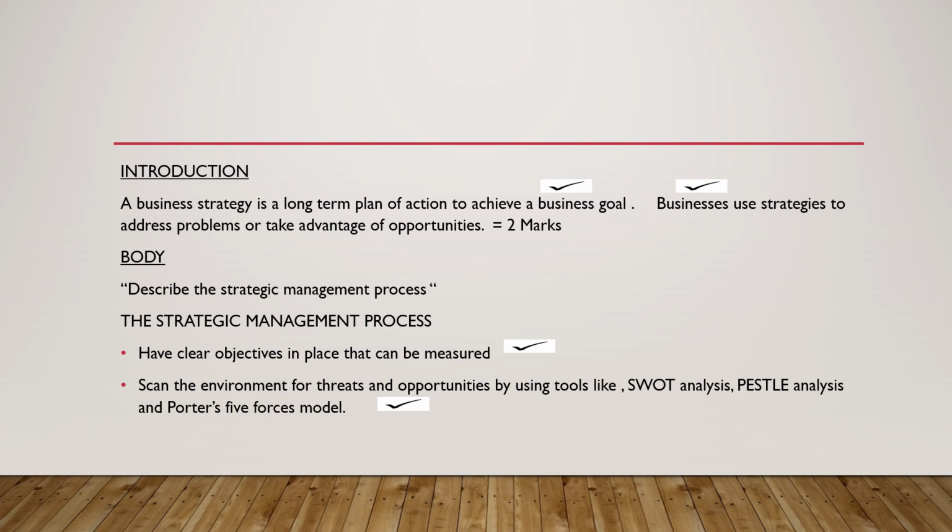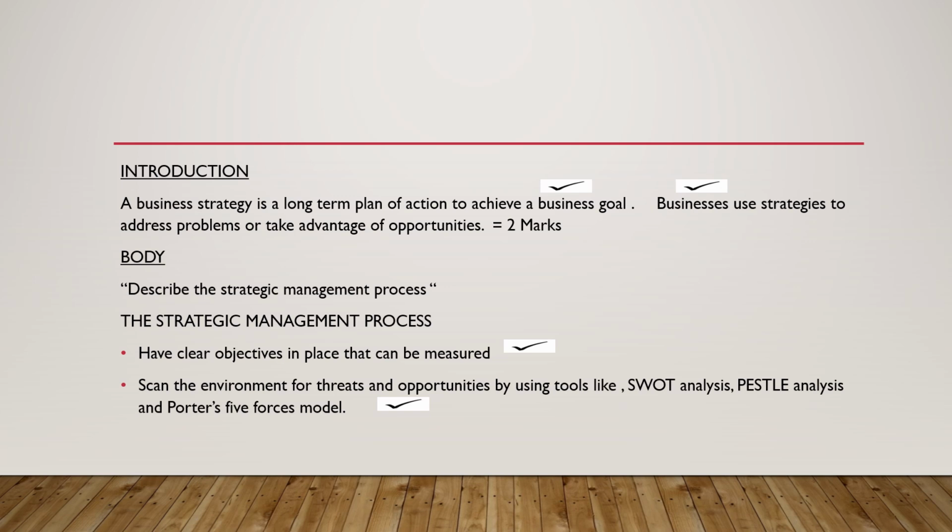Because I've studied my topic on business strategies, and I know what the strategic management process is, it's easy for me to put the bullet points there. I know you must first have clear objectives in place, and you must make sure that those objectives can be measured. You must scan the environment for threats and opportunities by using tools like SWOT analysis, PESTAIL analysis, and Porter's 5 forces models.